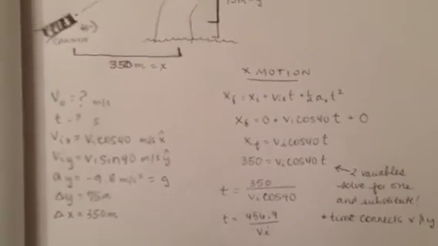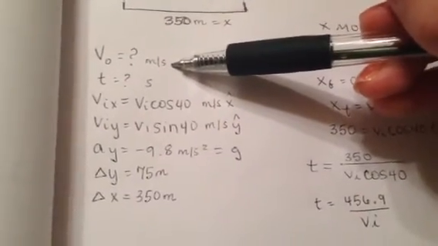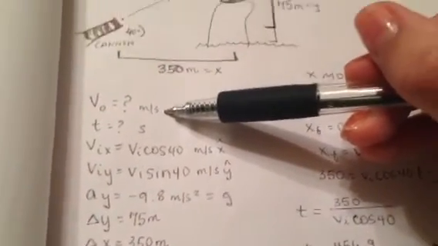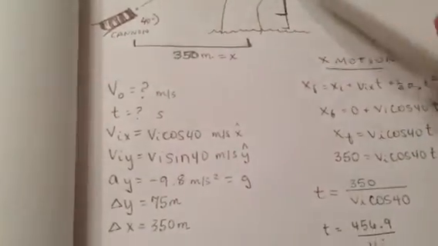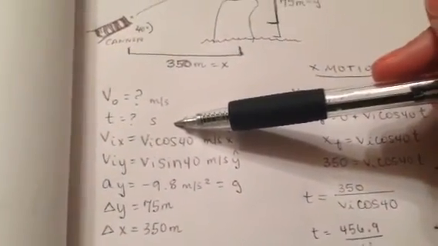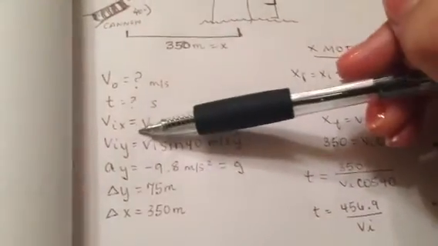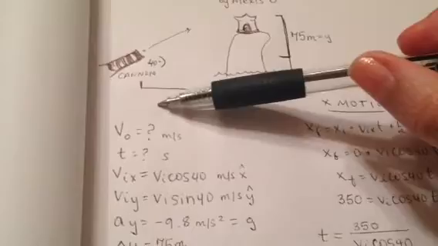So first what we're going to do is assess what we know. We're trying to find the initial velocity in meters per second, and we're not given that. So we see what else we have. Are we given time? No. Are we given the initial velocity in the x direction?